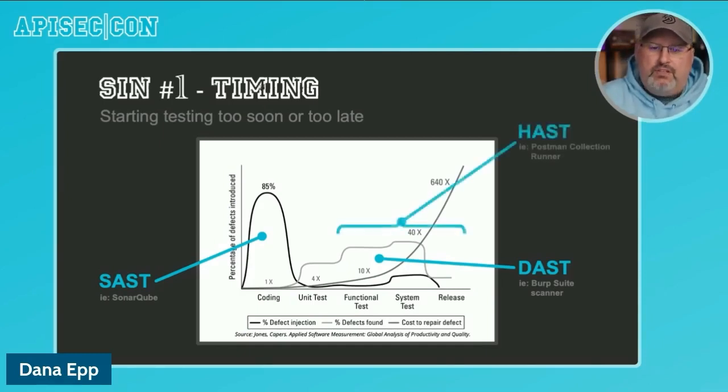And this is where we have to start bringing in HAST, or human application security testing. Some people like to call this manual testing, but I think that's a terrible name for it, because a lot of the HAST work that you do can be automated. You can use things like the Postman collection runner and artifact the testing that you want to do, but do so in a way so that it can be rerun and retested.